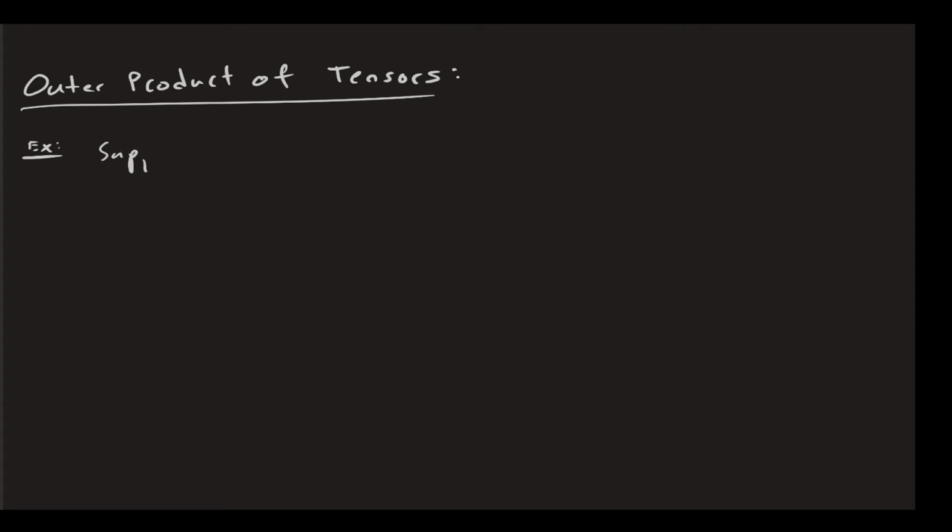Suppose we have tensor components S^i_j, I up, j down, and another tensor T_k, k down. So I have a mixed order 2 tensor and a covariant tensor, or a covector. Suppose these are tensors as specified by their indices.